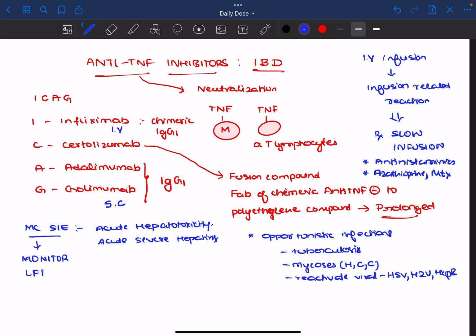Apart from that, they are known to increase the risk of skin cancers, and also rarely they increase the risk of non-Hodgkin's lymphoma. And also some cases have been reported with optic neuritis.